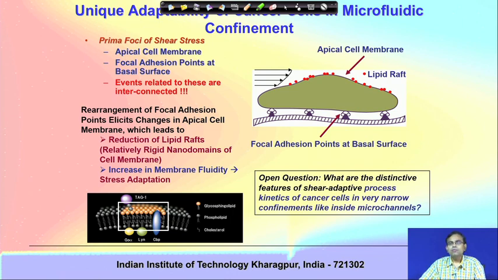So, to make a model of that, one of my former PhD students, Dr. Tamal Das, who is now a faculty member at TIFR Hyderabad, had made a very interesting device which is called an ultra soft PDMS based traction force microscopy on a chip.